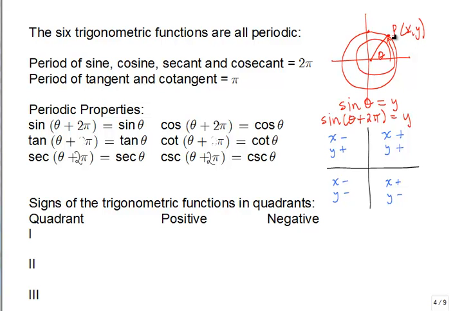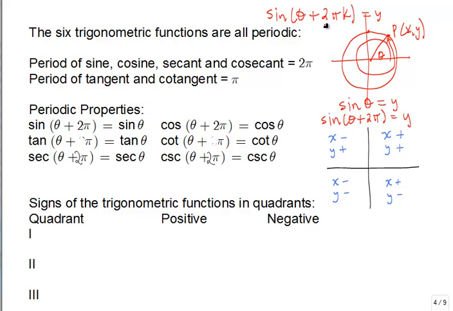So the way that we would write that is sine of theta plus 2 pi k is always equal to y in this case. And this k just represents any integer value, whether that's positive or negative. So theta plus 2 pi k represents adding all the integer multiples of 2 pi.